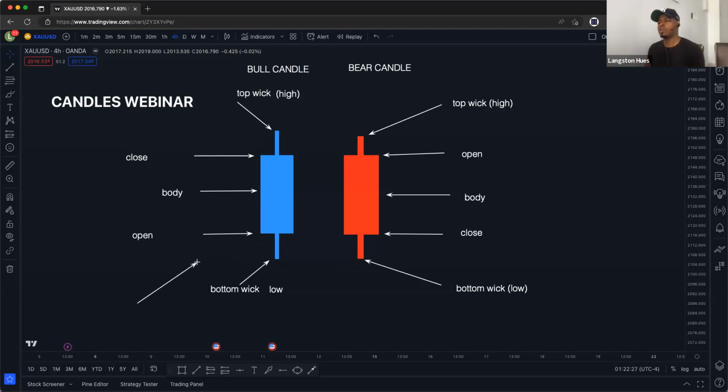It's almost abnormal if the candle does not have both of these. It's common to see a candle without a bottom wick or without a top wick, but the majority of candles have a top wick and a bottom wick.